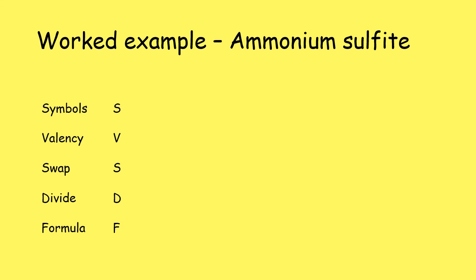Now we've got another example. This one is ammonium sulfite. Both of these ions are on the data booklet on page 8. So ammonium is NH4, sulfite is SO3. The valency of ammonium is 1, the valency of sulfite is 2, and this is also taken from the table on page 8.